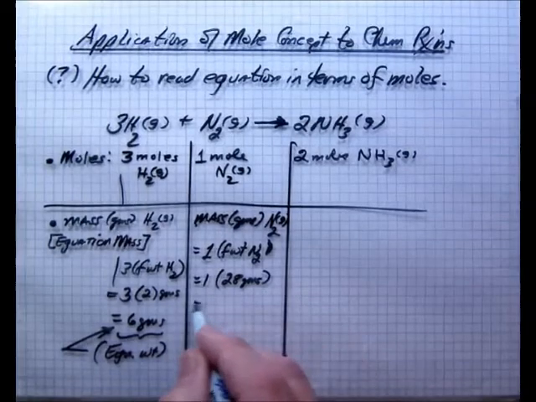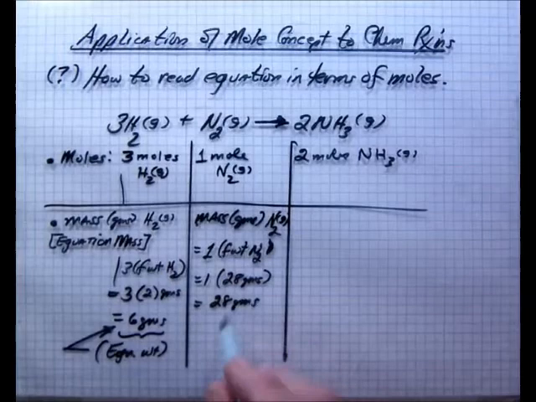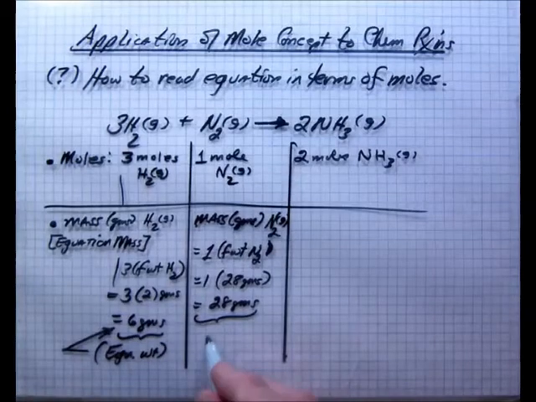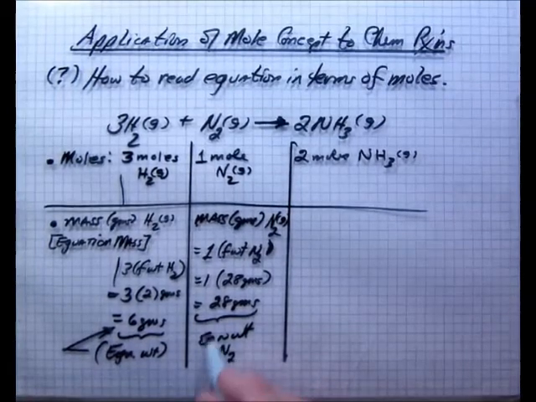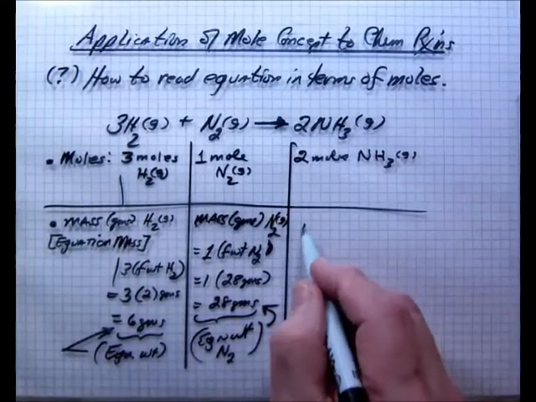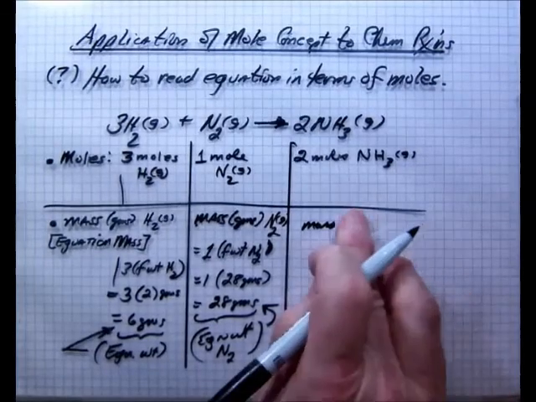And you tag that with grams and it's 28 grams. This is the equation weight of nitrogen. And then finally the mass of ammonia. Mass in grams, sorry.